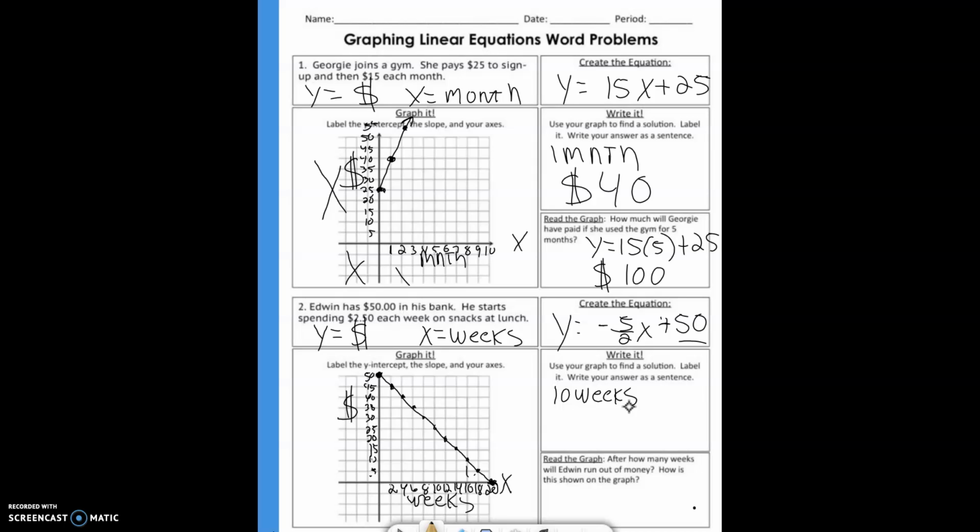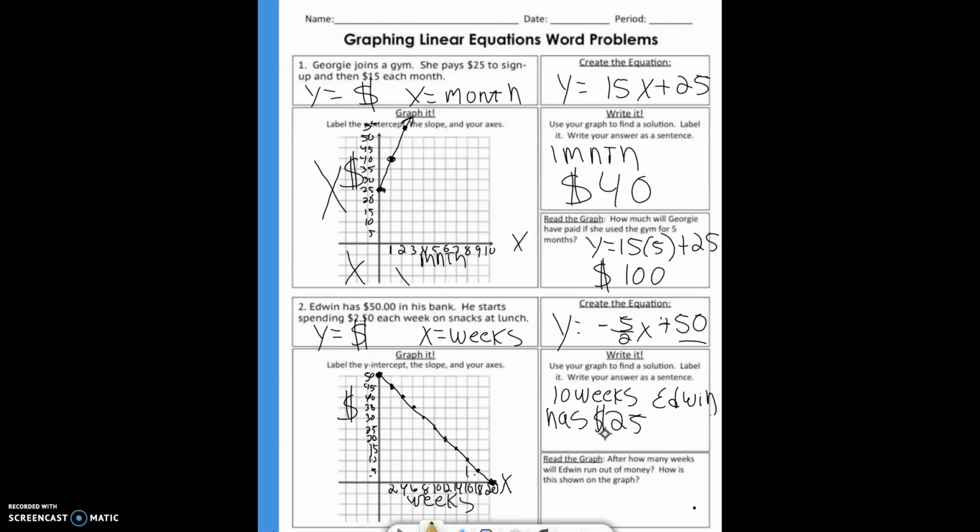Edwin has $25. So at 10 weeks, Edwin has 25 bucks. Okay? So I guess that's about halfway down, right? Start off with 50, now he's got 25.